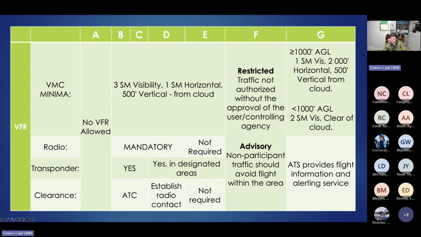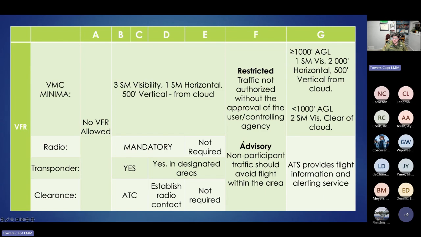Okay, what is Class F airspace? Anyone tell me? Restricted airspace? Yep. And it can either be restricted or advisory.